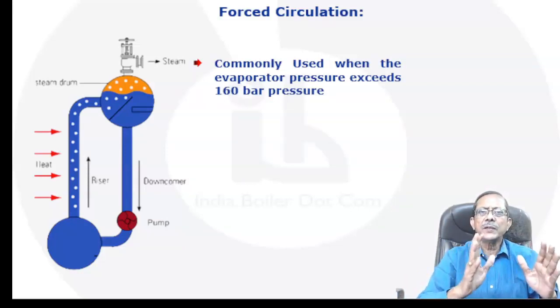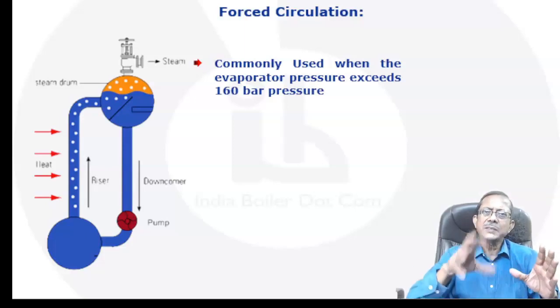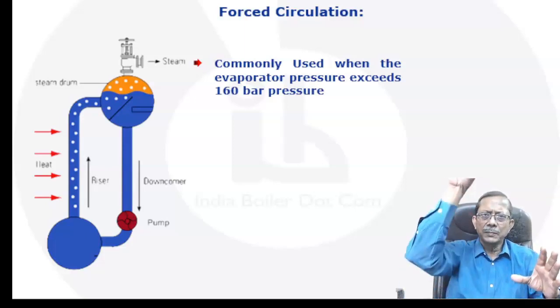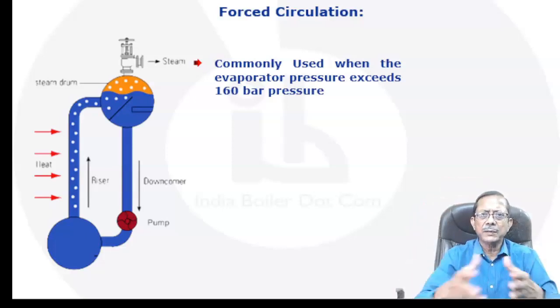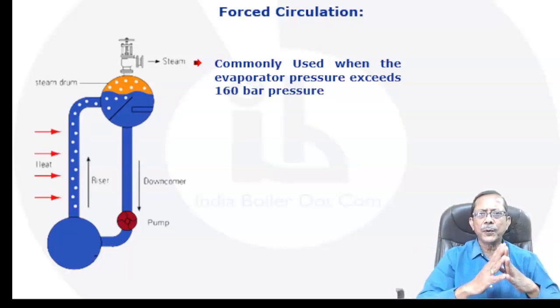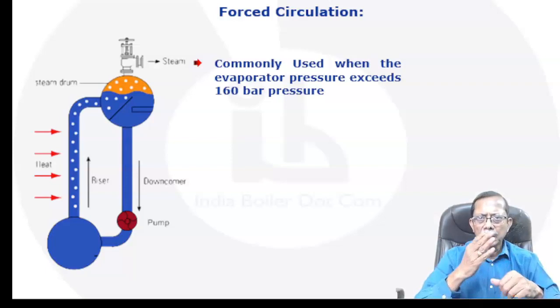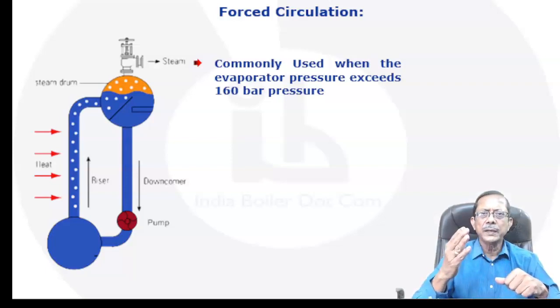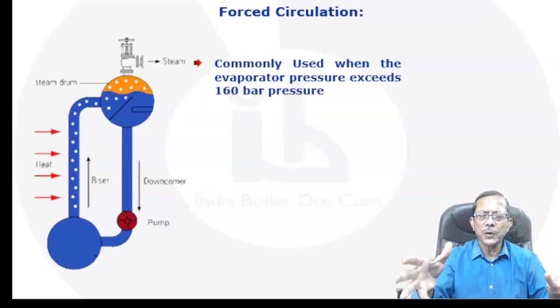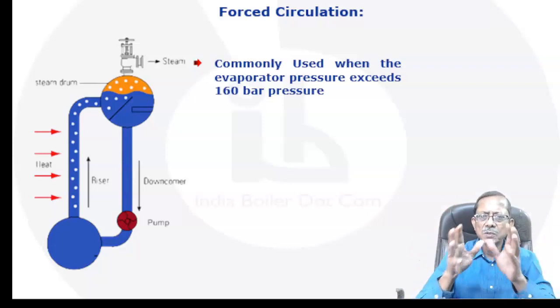Again, the reason is not that it is at a very high elevation. It might be at a ground level, but the point is that during the cold start, when the reactor will be started, it's a process waste heat recovery boiler. So the startup is not because of the boiler.